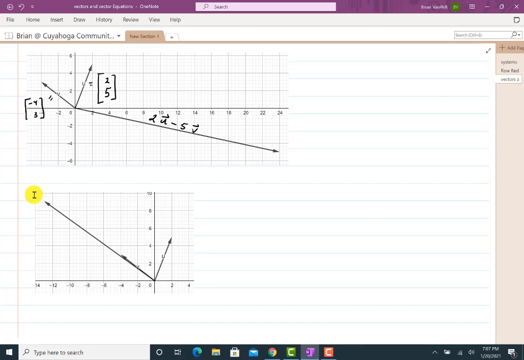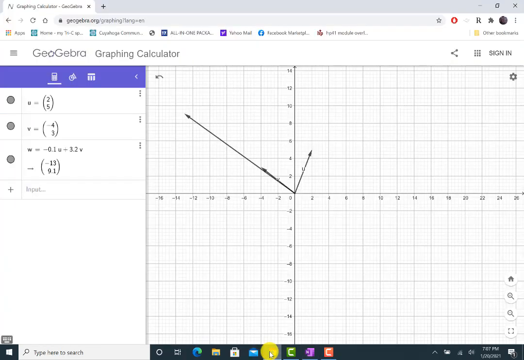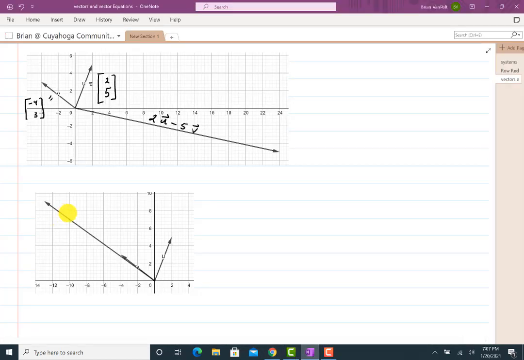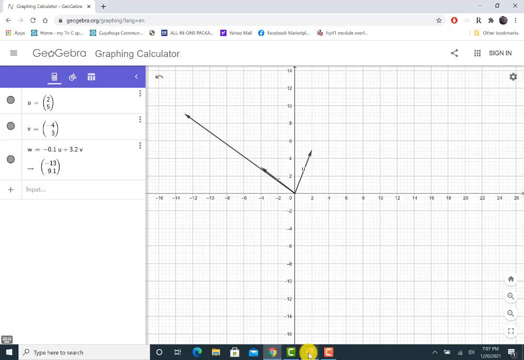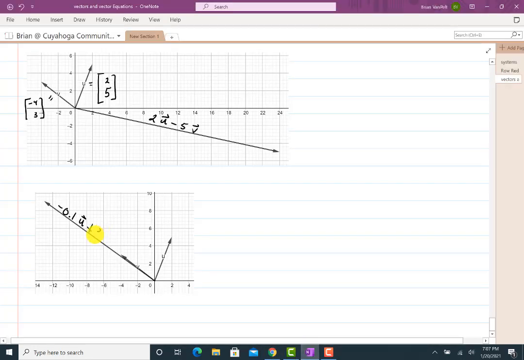So the same kind of example here. This one was, let me come back again, negative 0.1u plus 3.2v.